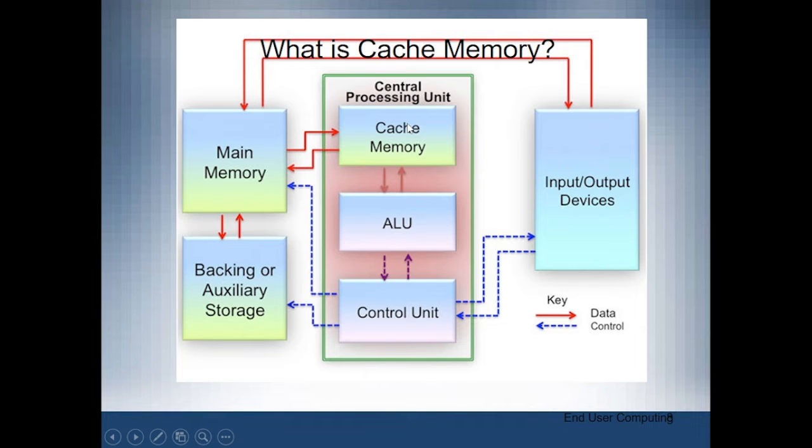So a cache memory offers a convenient platform where the processor can quickly access those instructions that it wants to process. When you look at this diagram, we can see the difference between the main memory and the cache memory, and understand what this cache memory is.